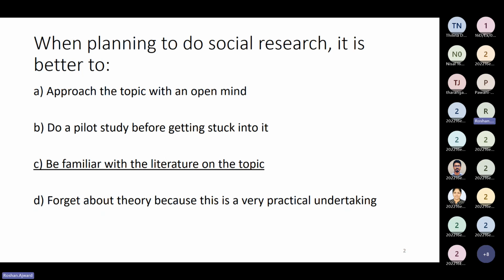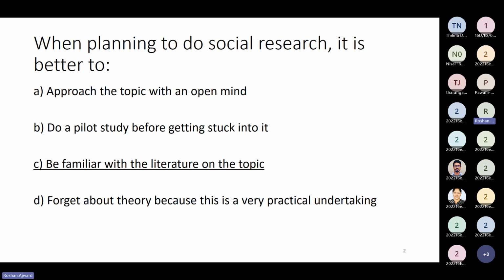So if you see that a study has already been performed, then you can get the answers from that and you can stop the research. Or if you see that it's not applied in your area, you can take the other study and apply that. So that's why you have to be familiar with the literature in the planning.